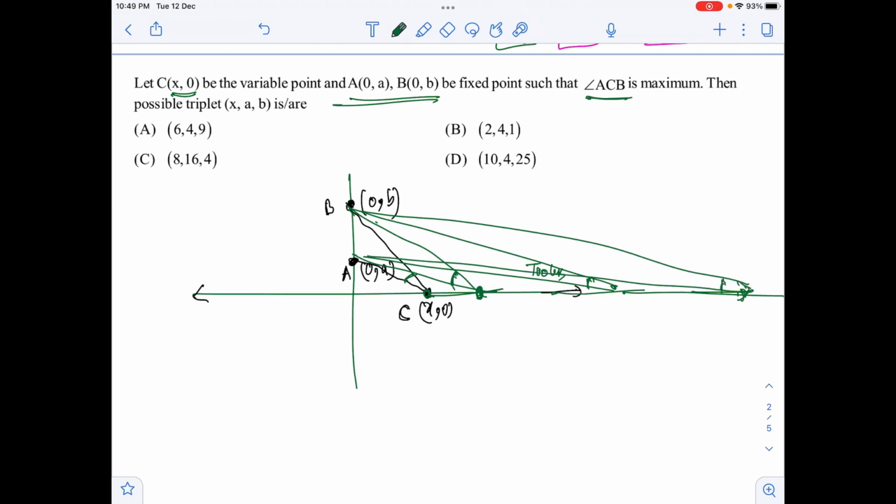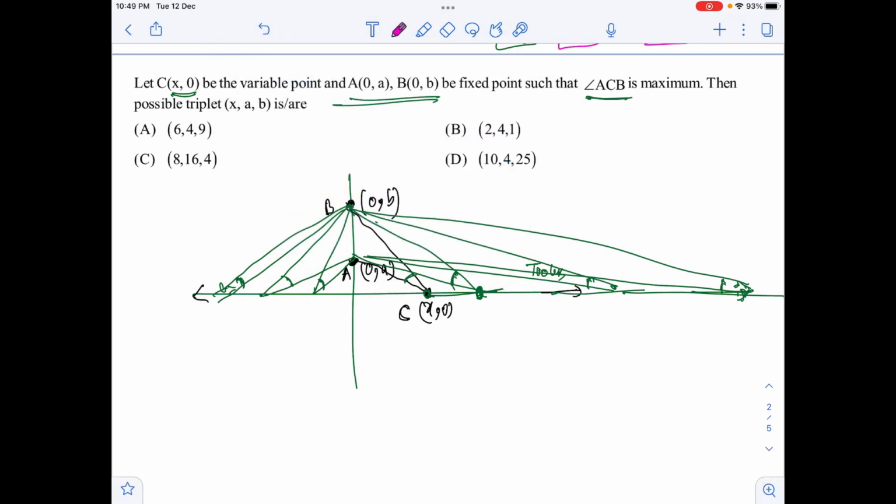So at infinity, maybe the angle is almost 0. Exactly the same thing will happen over here. So even without solving the question, you have a feel that as you move away along the x-axis, in the positive or negative direction, this angle keeps on reducing.